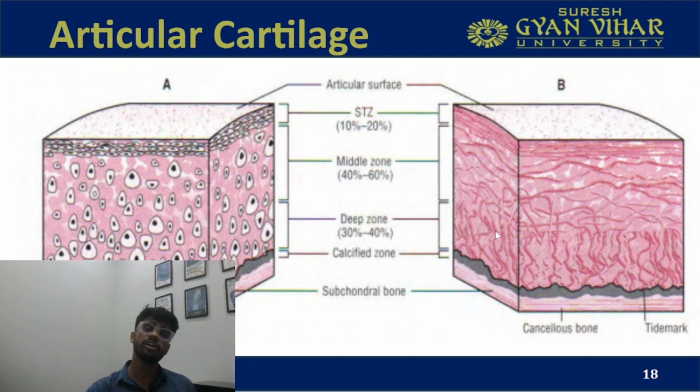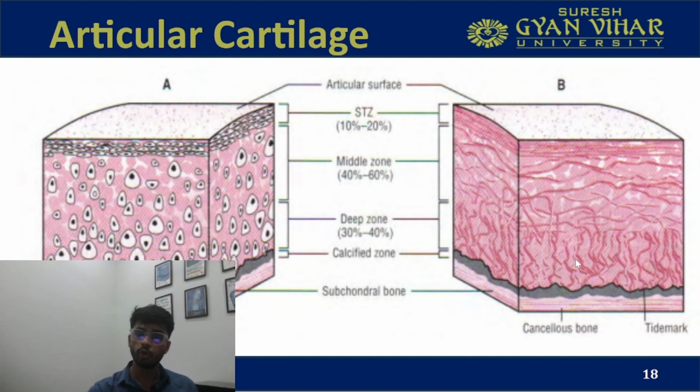They are arranged in the vertical manner over here because they want a better binding to this cancellous bone. Articular cartilage is attached to the cancellous bone, very tightly bounded to it, because the arrangement of the fibers over here is in the vertical direction.